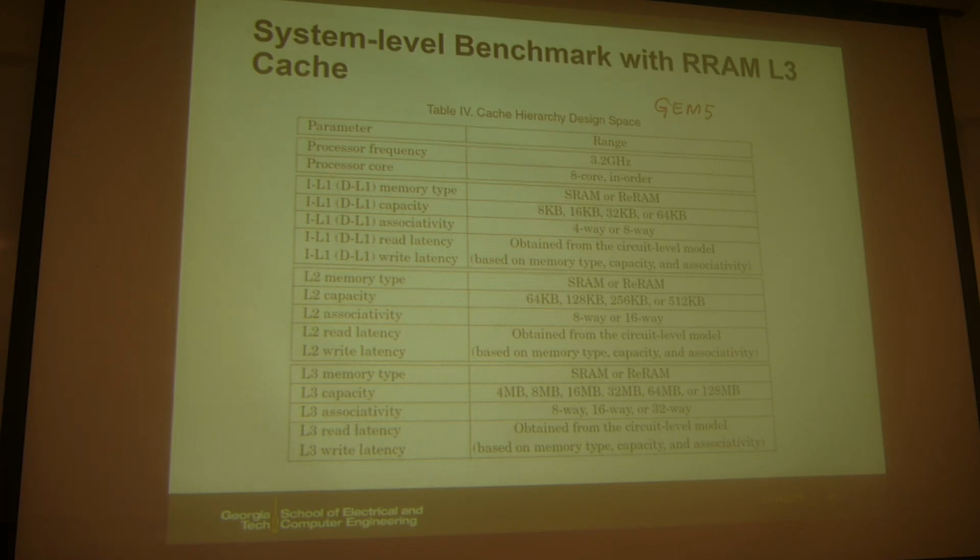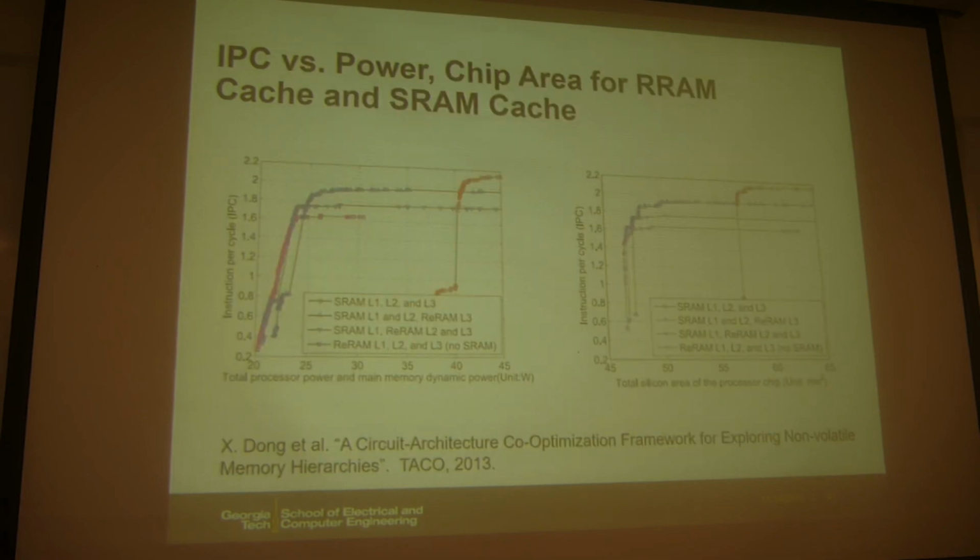You use NVSim's output as input to the Gem5. So you run the Gem5. The Gem5's output will be the IPC, instructions per cycle, which is a metric to evaluate how you perform in those workloads. Of course, higher IPC, better. So here you can see that the designs with all SRAM, this is the pure SRAM L1, L2, L3, will have the best IPC.